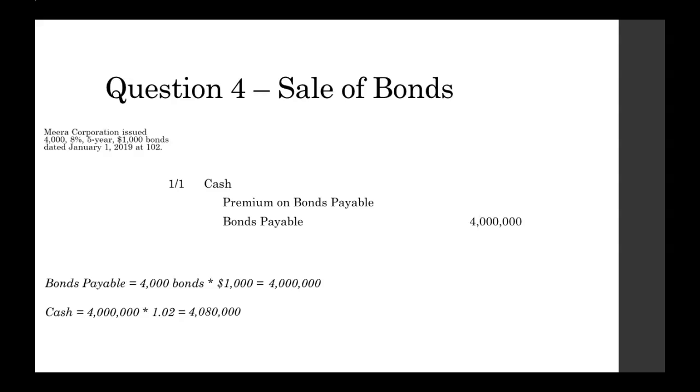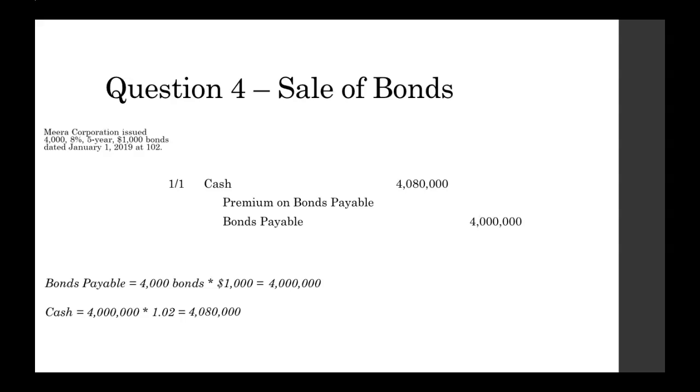Since we issued above 100, we were able to get more cash than the amount of our bonds payable. We got an extra 2%, or in dollar form, that's where that extra $80,000 comes from.